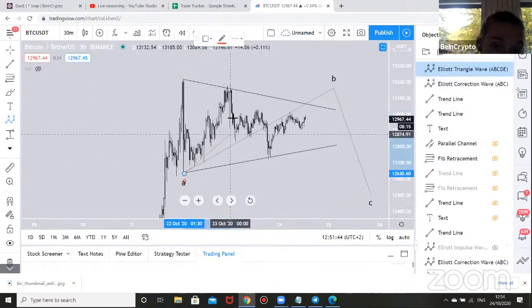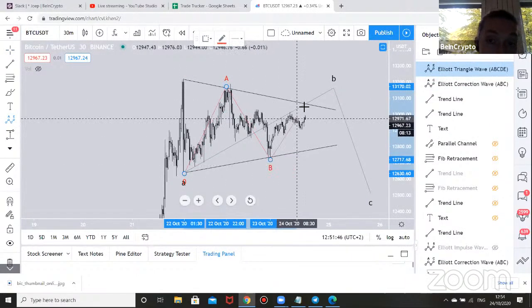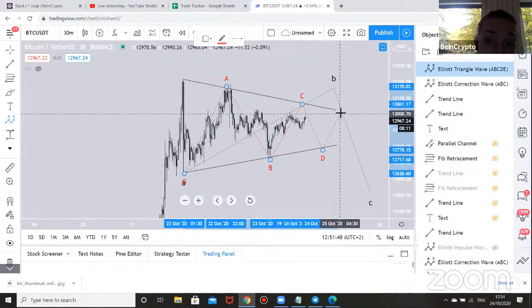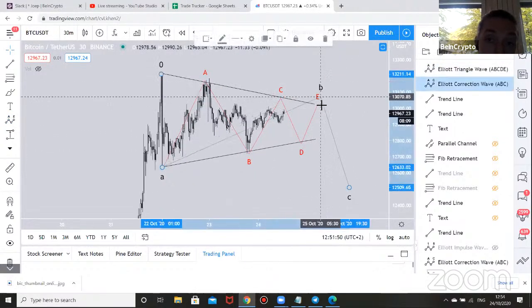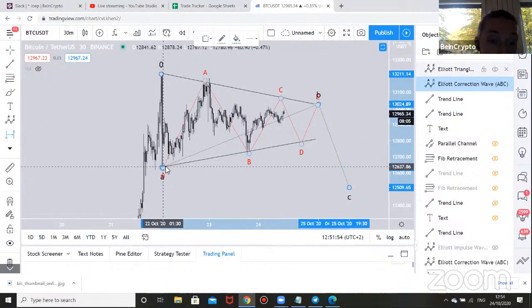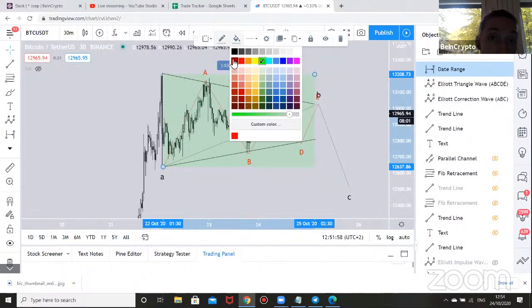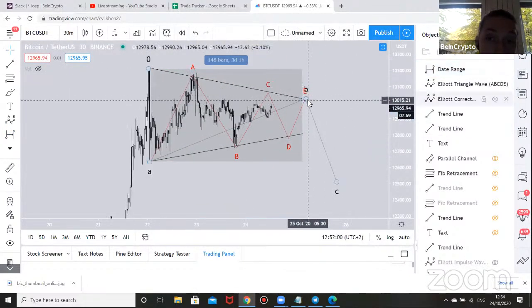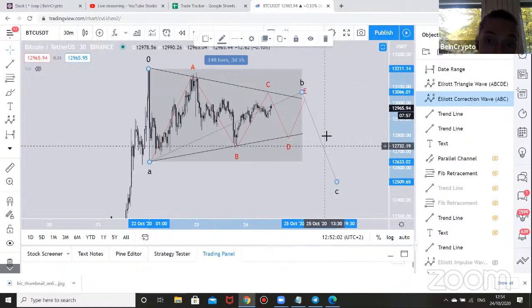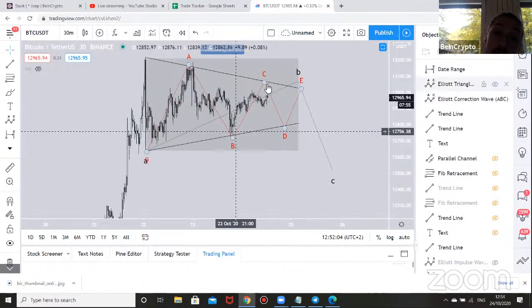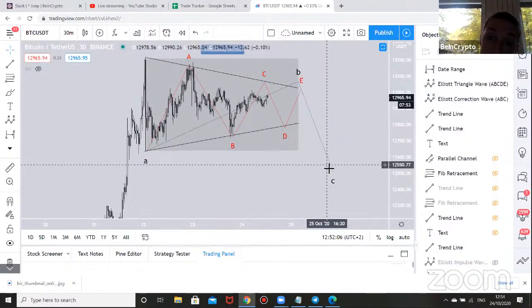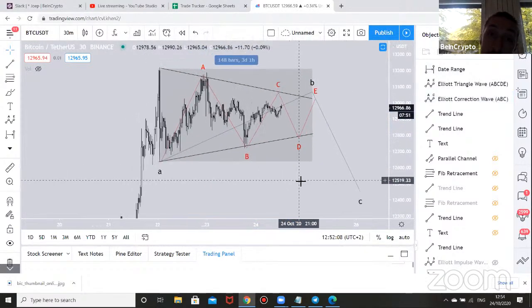So it would go something like this: A, B, C, D, E. So the triangle would be the B wave right here. So yeah, the triangle is in red. It could possibly be the B wave, which is in black, and then we would have a C wave.